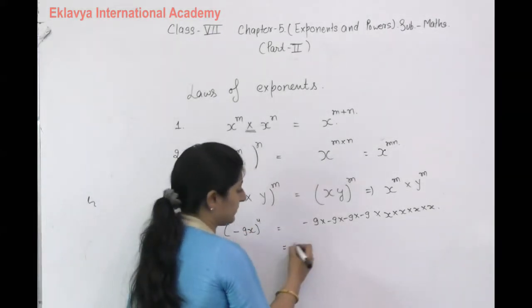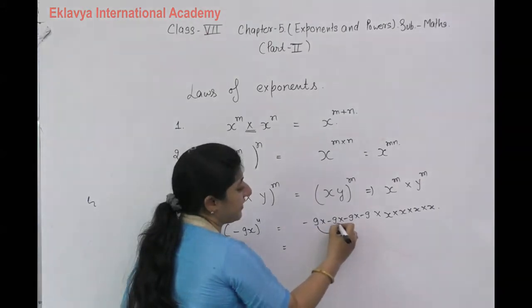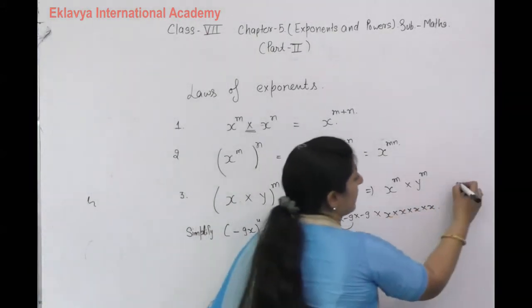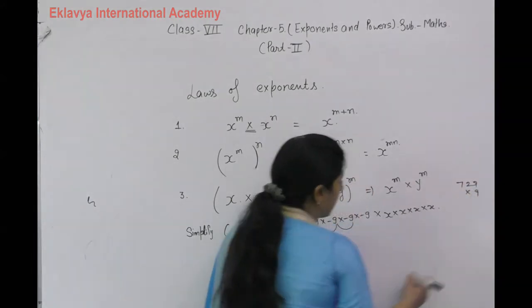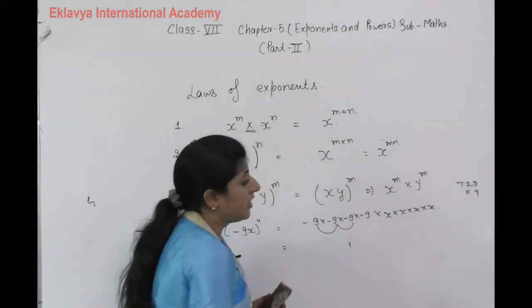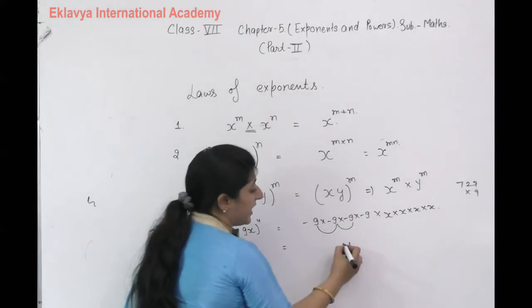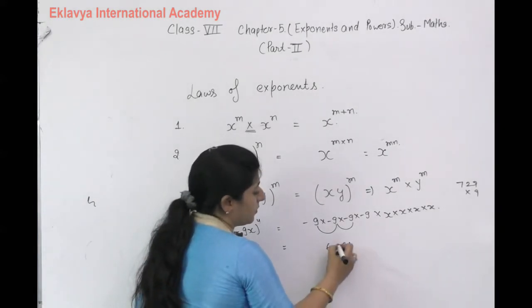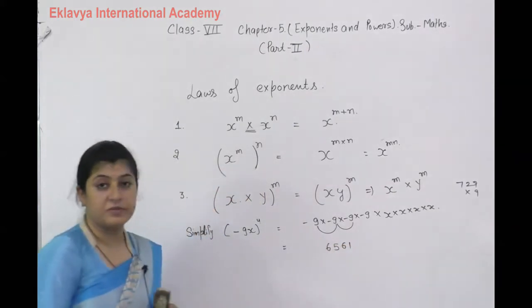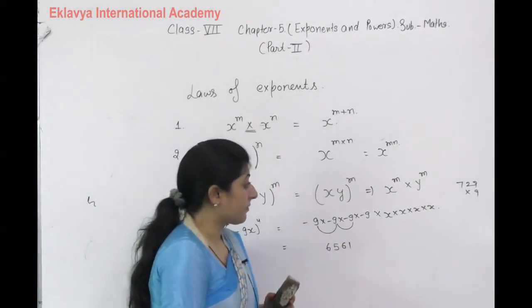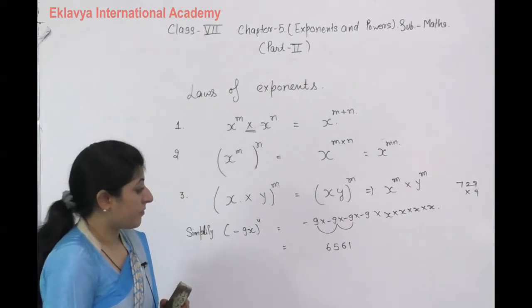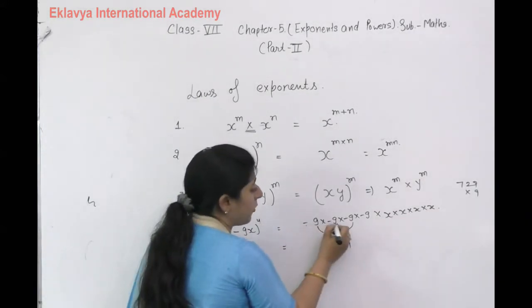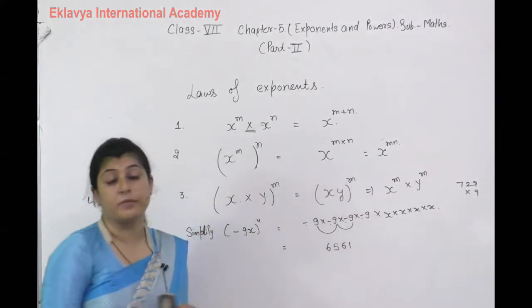Then 9 nines are 81, 81 nines are 729, 729 nines are 6561. See here, minus how many times? 4 times.